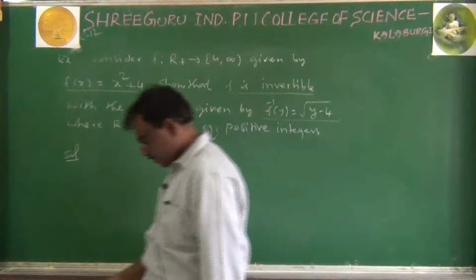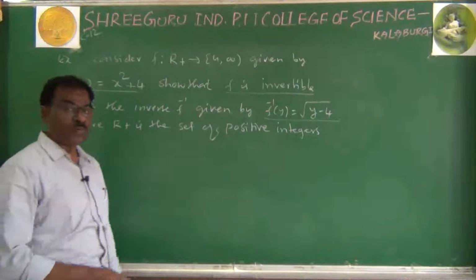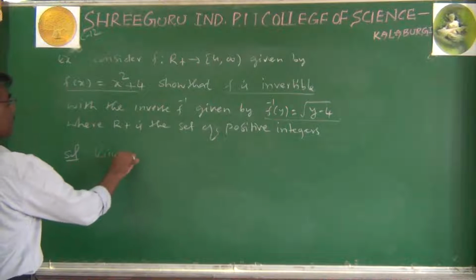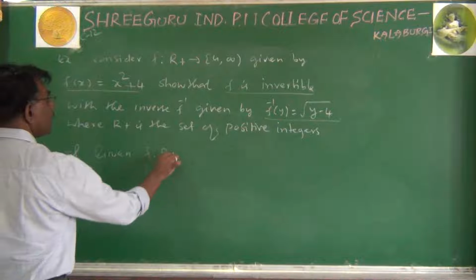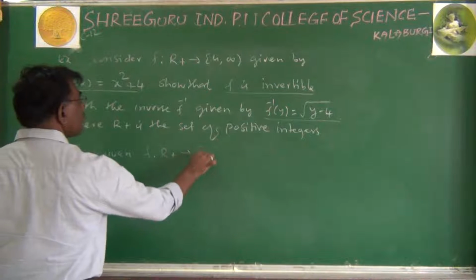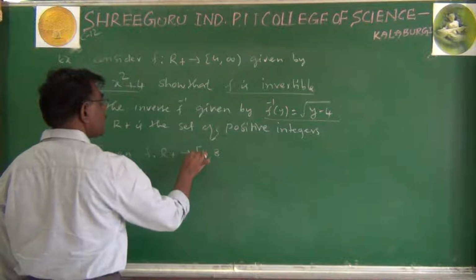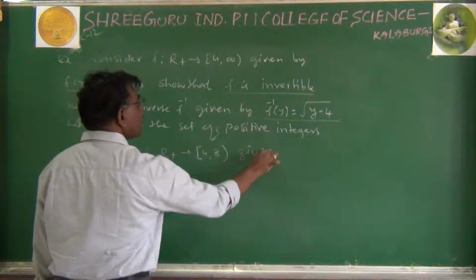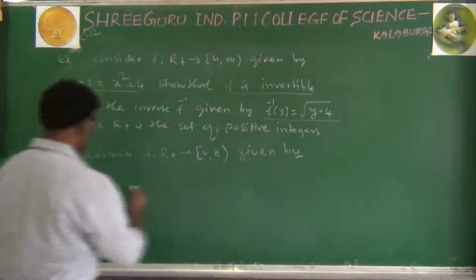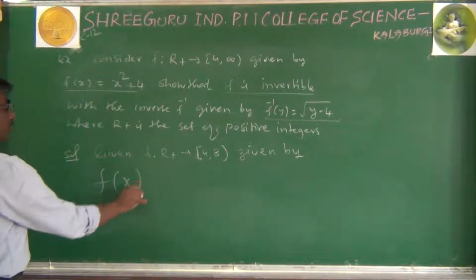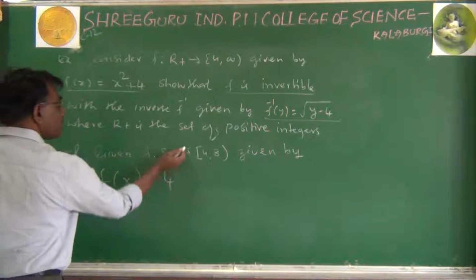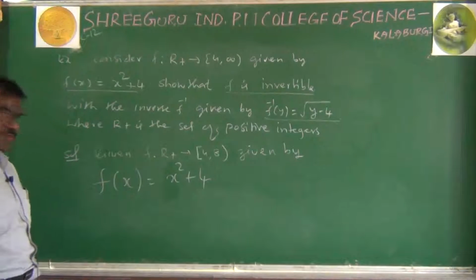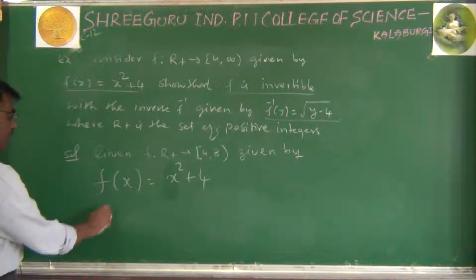Okay, so I will start with one-one and onto. Given f from R plus to [4, infinity) given by f of x equal to x square plus 4. Now we start with one-one.